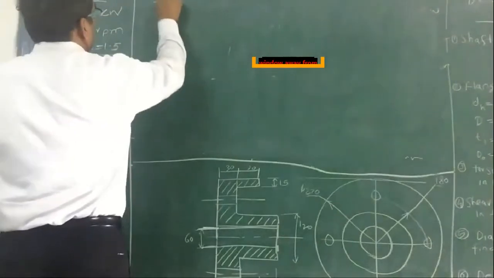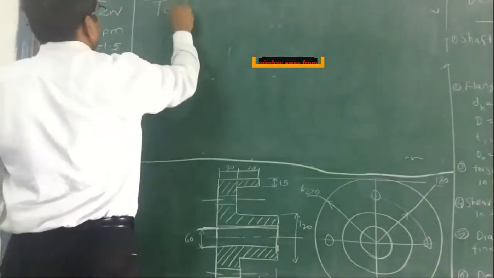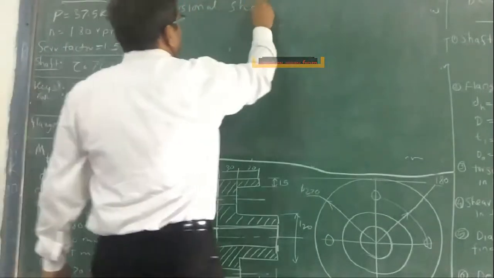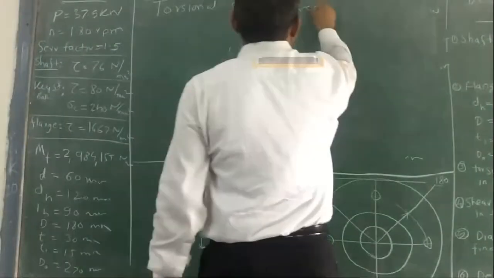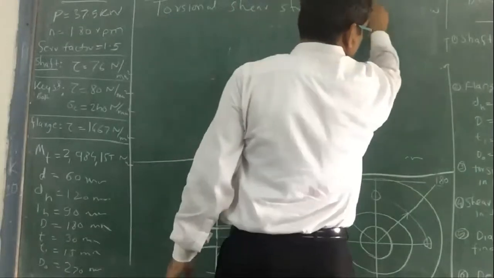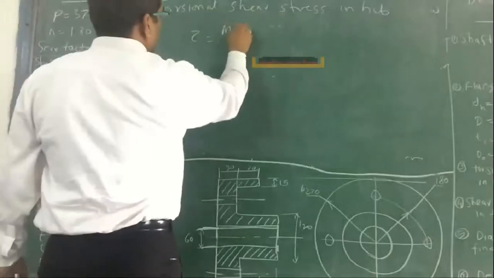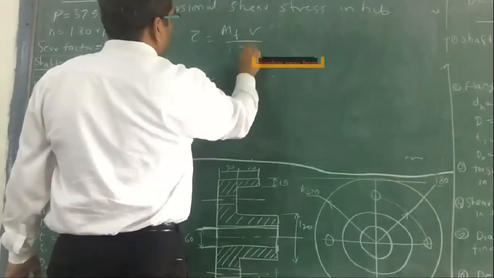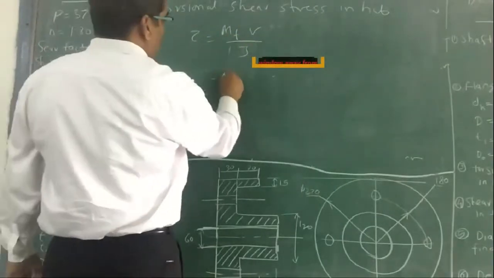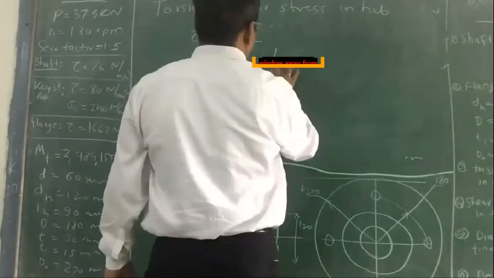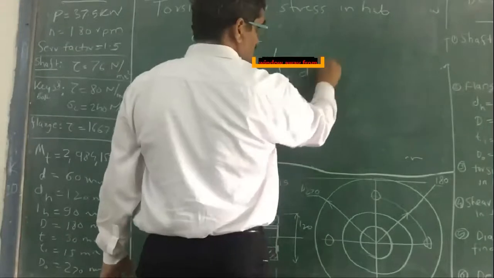Now check torsional shear stress in hub. First hub, what is the formula? Tau is equal to MCR upon J, where J is equal to pi into dh raised to 4 minus d raised to 4 upon 32.